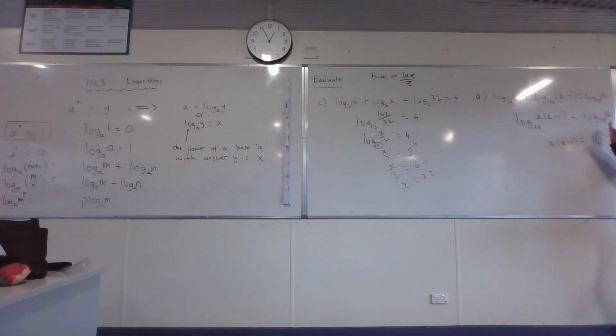When we have things on the left and the right, we can equate our logs and just get rid of them. Okay. So there's another way, but I don't want to confuse you. Unless you want me to go that way. Okay. We're good? Are we okay with that?